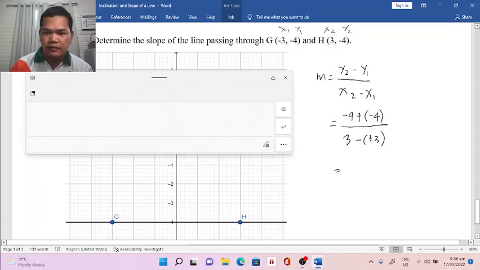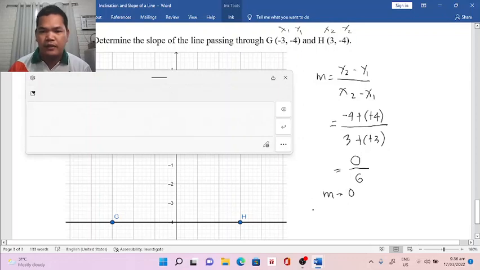So we'll have negative 4 plus positive 4, that would be 0. And then 3 plus positive 3 will have 6. And 0 divided by 6 is 0.